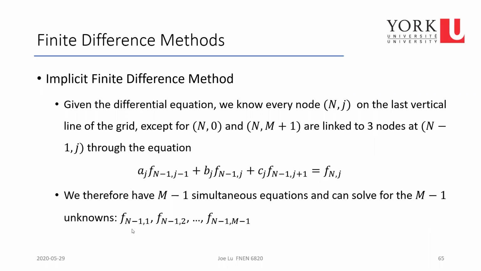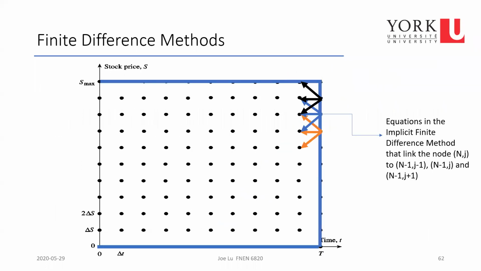And these unknowns are the f values one time step earlier. So out of those, we can solve the f value here, here, here, all the way to here. Since we know this and we know that, essentially we have the entire line. So out of this boundary condition, we can get the entire line here.